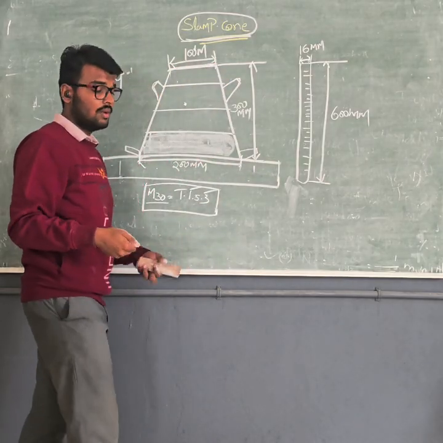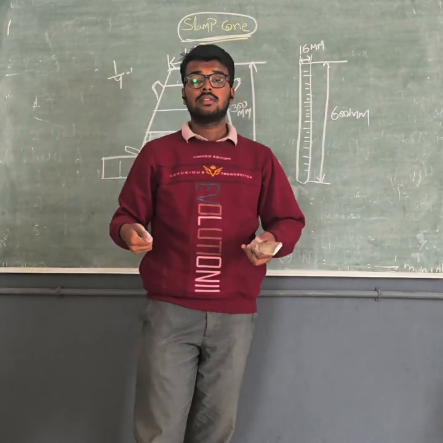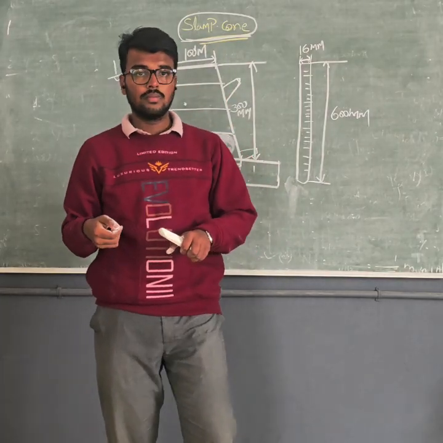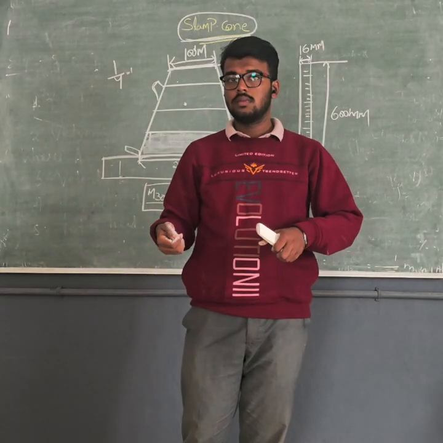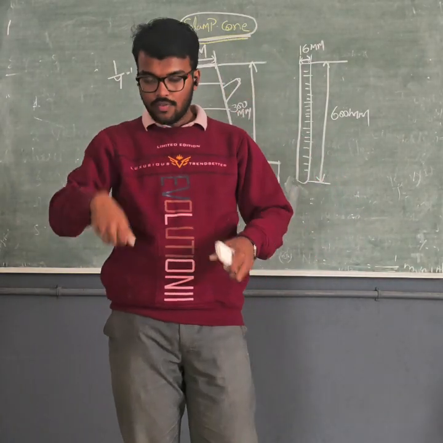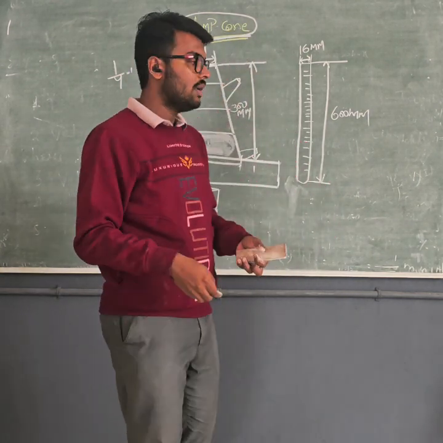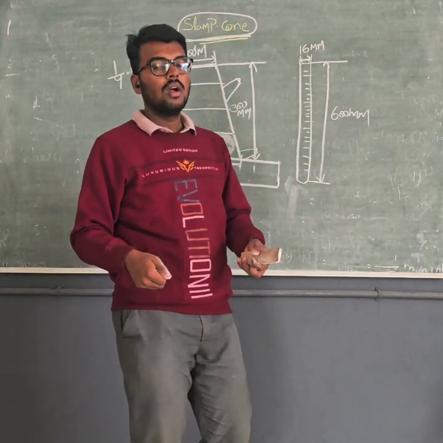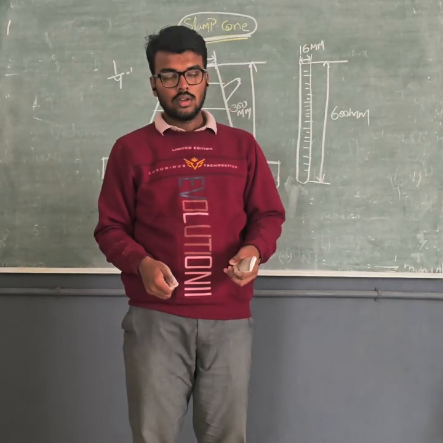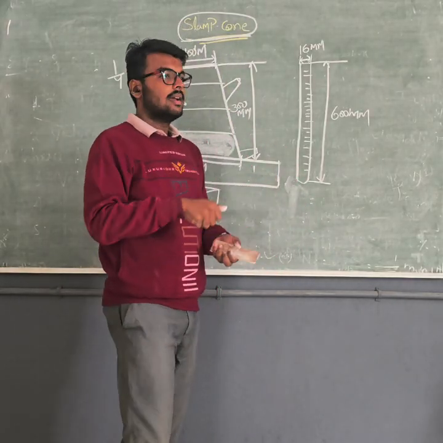After this, we have to demold the slump cone. If we make any kind of fault, the concrete may collapse. So without any vibration, we have to demold the slump cone vertically.